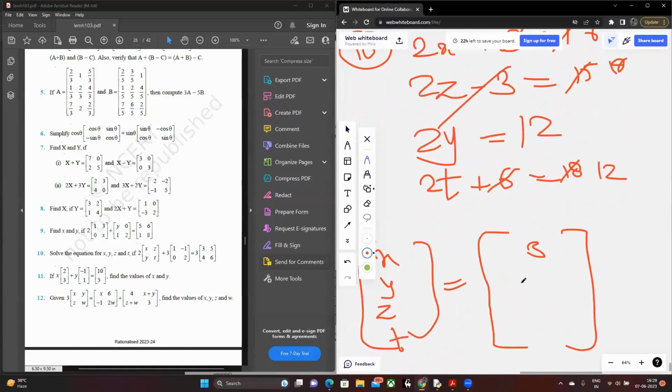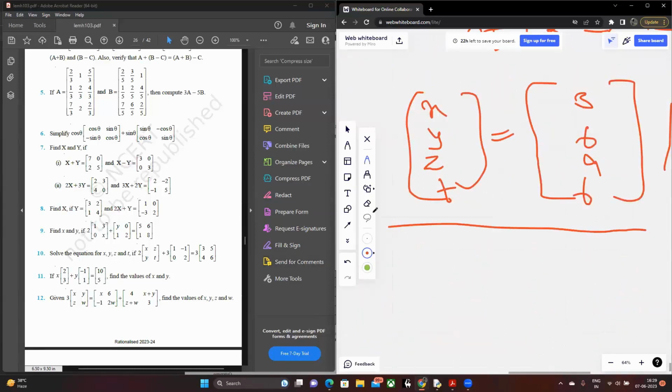You have y, 2y is 12, y is 6. You have 2z is 18, z is 9. And then you have t, again that is 2t equals 12, or t equals 6. Right? That's your answer.